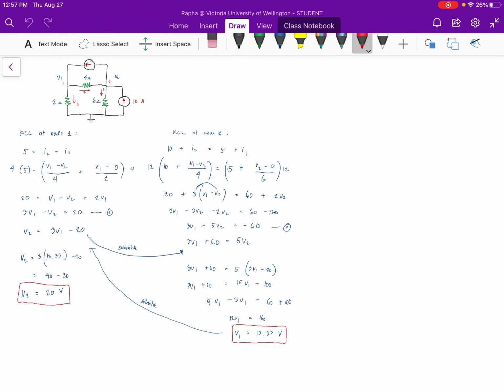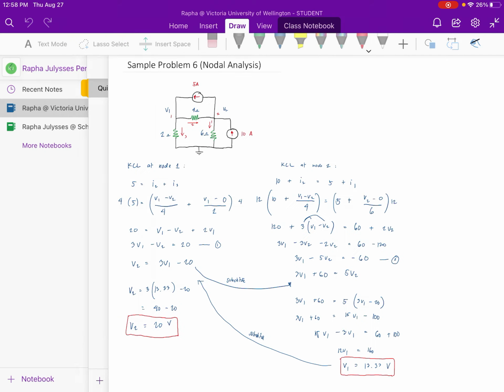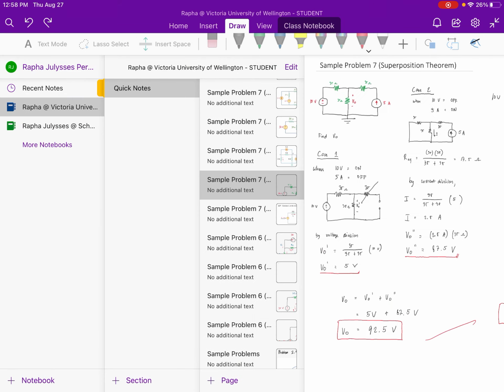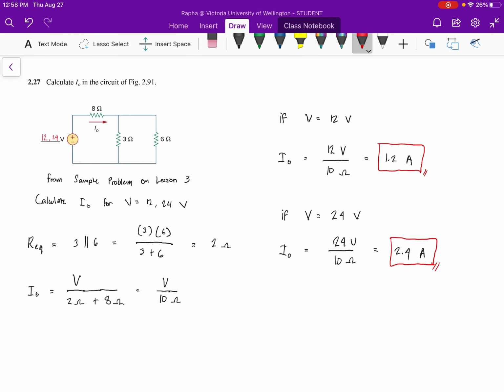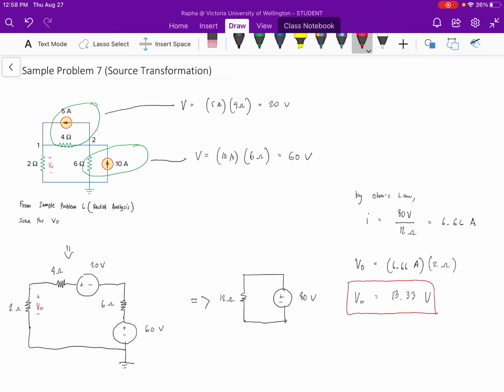So V1 in this example is equal to 13.33 volts, which is what we have solved in this new lesson about source transformation, just to provide us some sort of check that indeed we arrive at the correct answer.